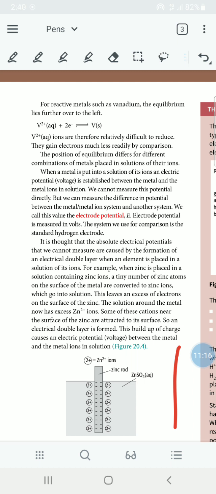However, this potential cannot be found directly, but can be found using another system connected to it.